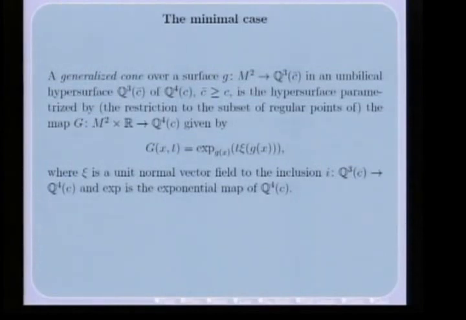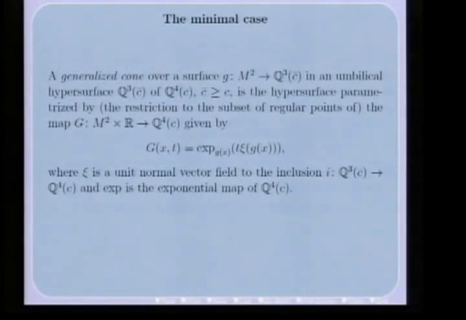You start with a surface in an umbilical hypersurface of a space form, and then for each point of the surface, you go along the geodesic of the ambient space that starts at this point and is tangent to the normal of the umbilical hypersurface in the ambient space. Just in the same way you do to generate a cone over a surface in the sphere, in Euclidean space.